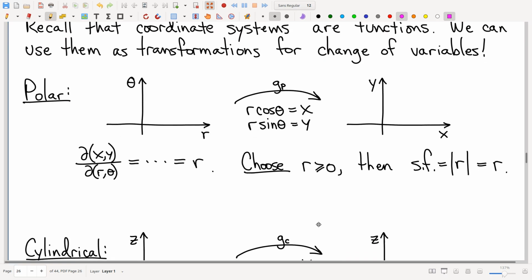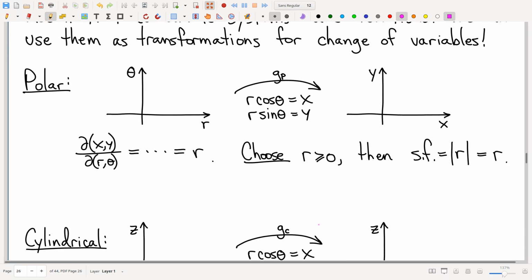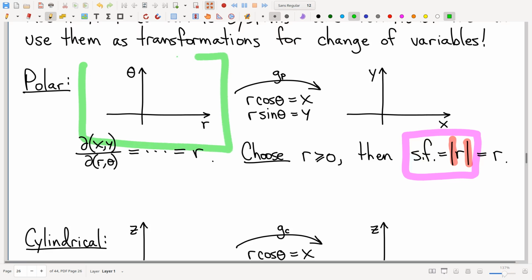Now, let's address this absolute value business. Again, nobody wants to have to deal with the absolute values. That's bother. That's going to be inside of your integral, right? So here's the solution. We have previously allowed ourselves, because we had no reason to restrict ourselves, to use any values of r and theta.